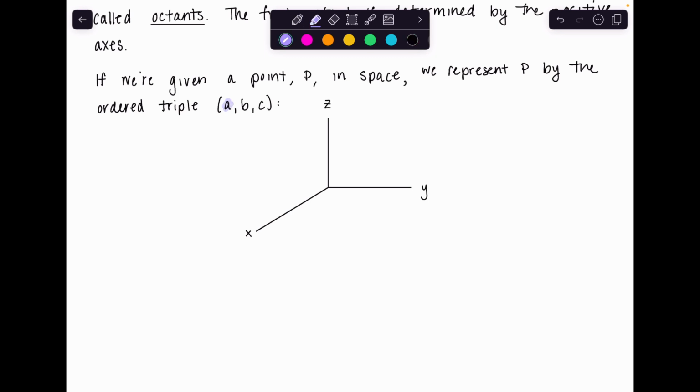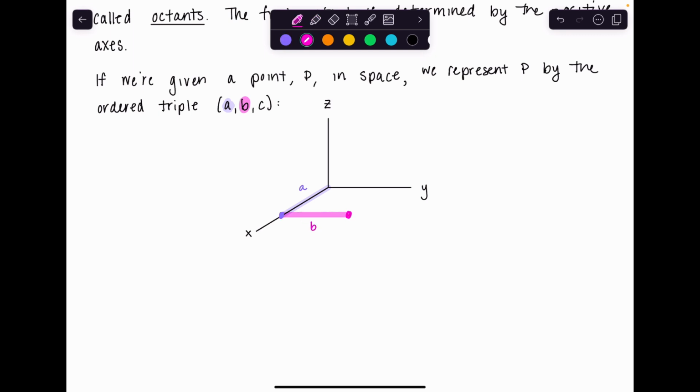So what I'm going to do is I'm going to move a distance of A in the X direction. And again, I'm going to just assume it's a positive value. So we go out to here, a distance of A. Then I'm going to move a distance of B in the Y direction. So that's going to run parallel to the Y axis.